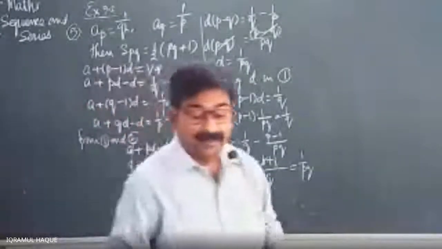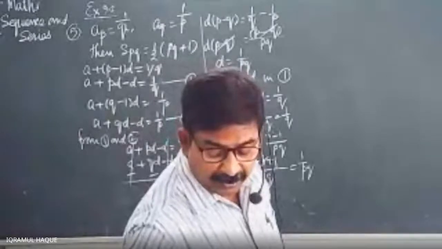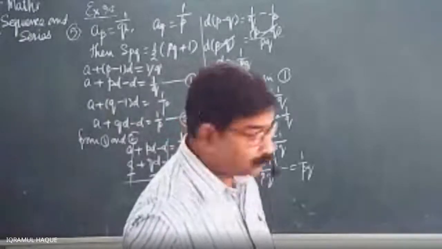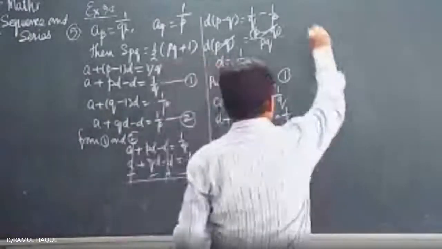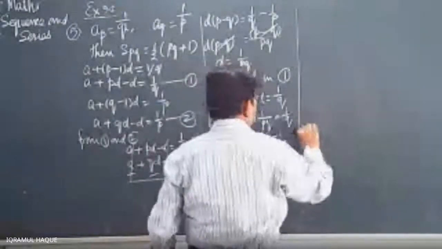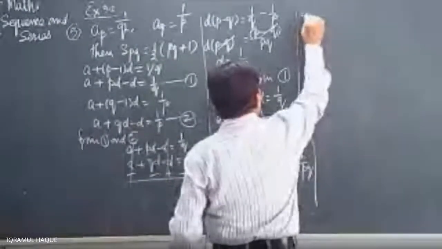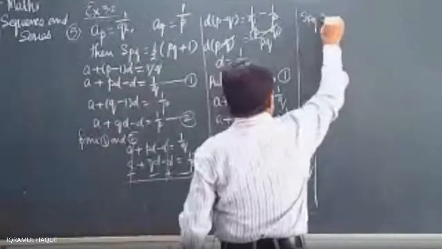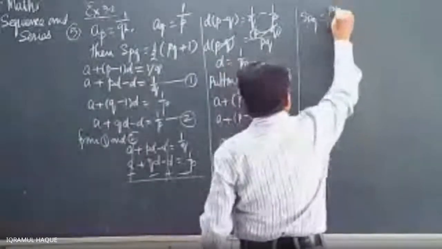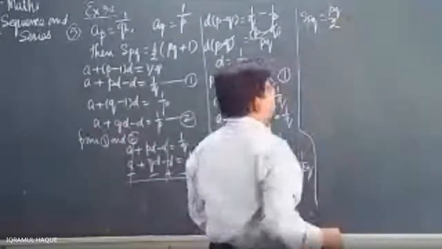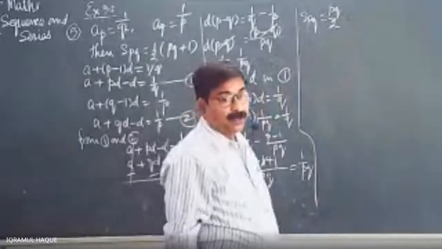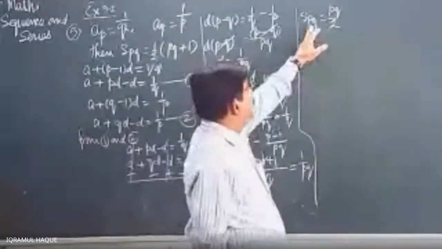Now we have to find the sum of PQ terms. See, SPQ is equal to PQ upon 2, the formula of n by 2 for the sum of n terms. So in place of n we have PQ.